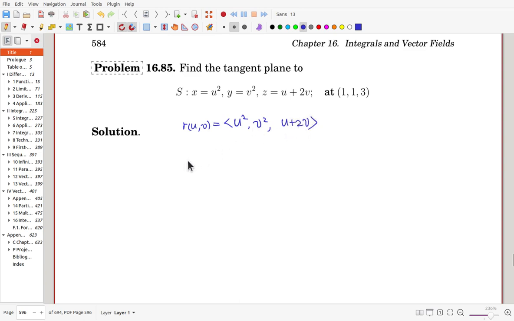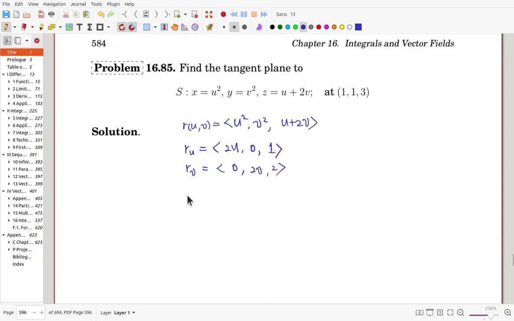So let's try to get the normal vector. R sub u, the u derivative, is 2u, 0, and 1. R sub v, the v derivative, is 0, 2v, and 2.